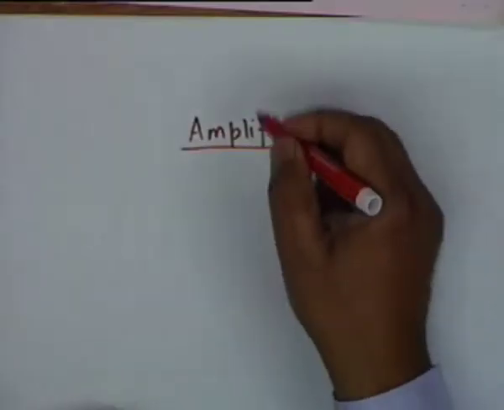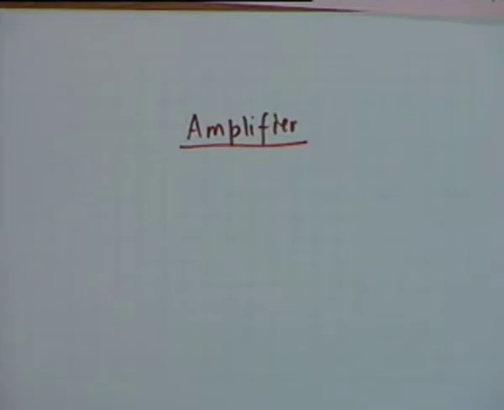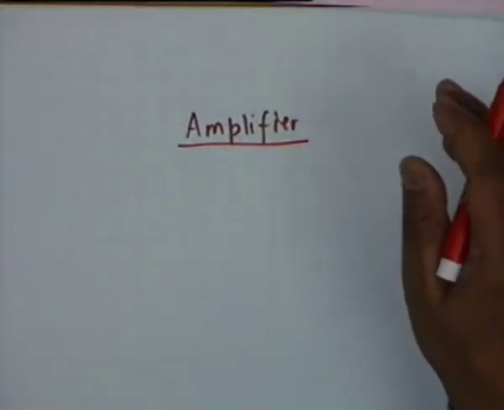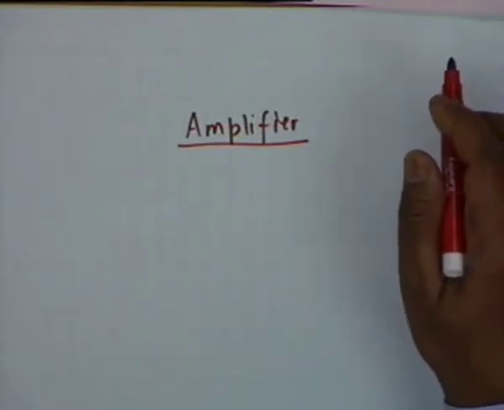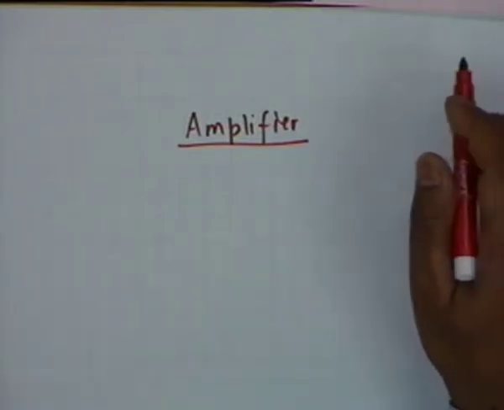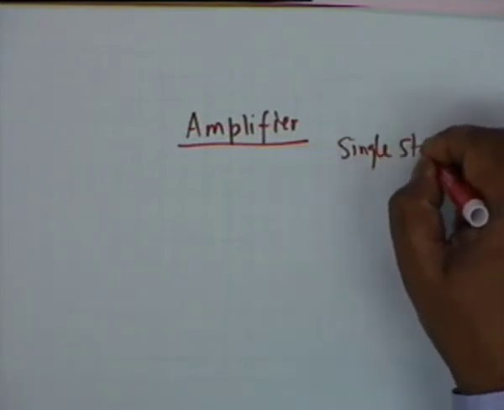Before we take up this topic again in an actual circuit and see how the Q point is determined, let's clarify a couple of terminologies that are used in connection with an amplifier. Amplifiers can be single stage or multi-stage.